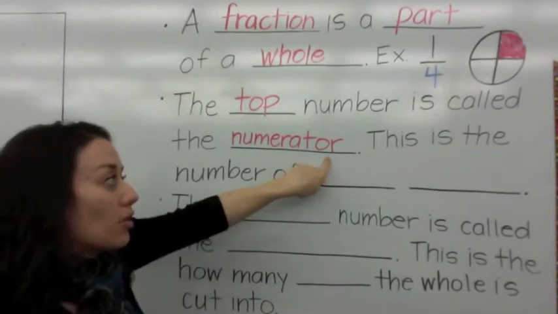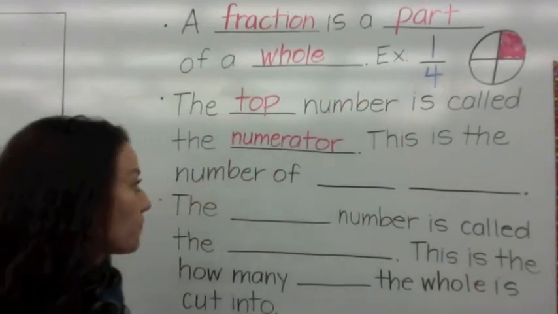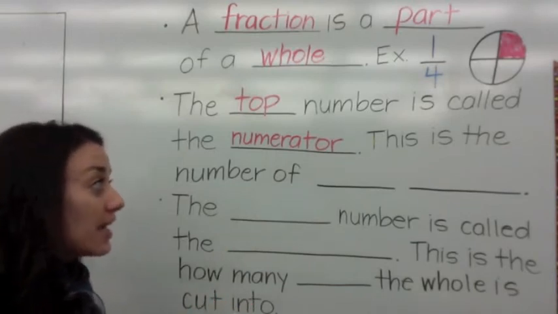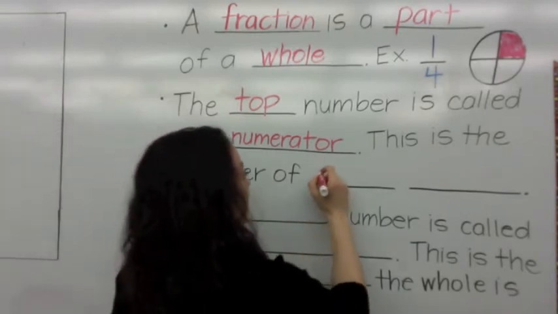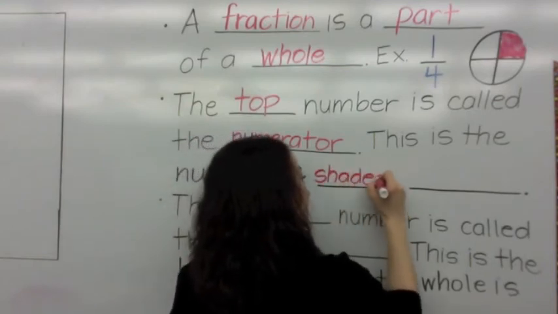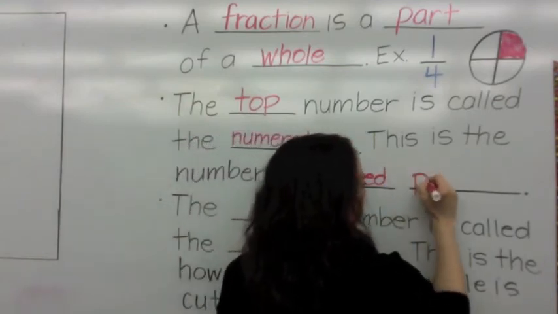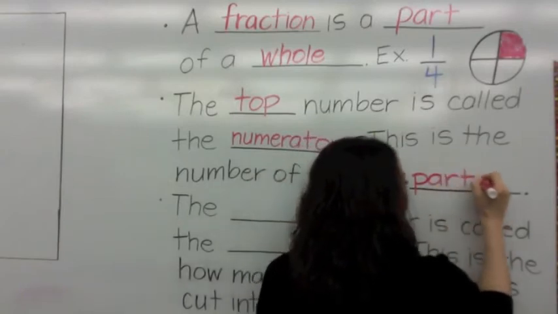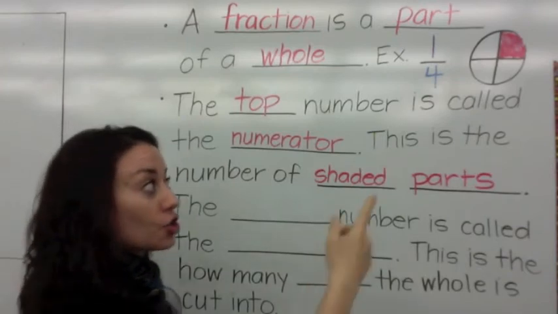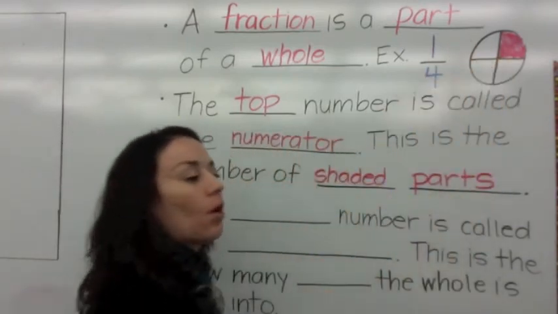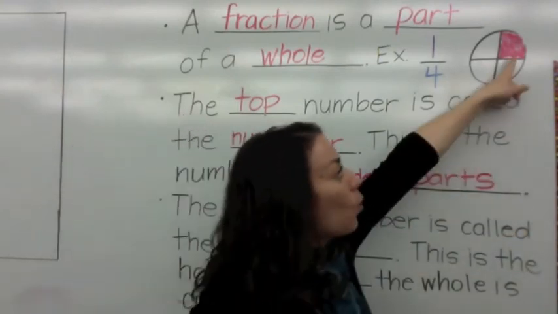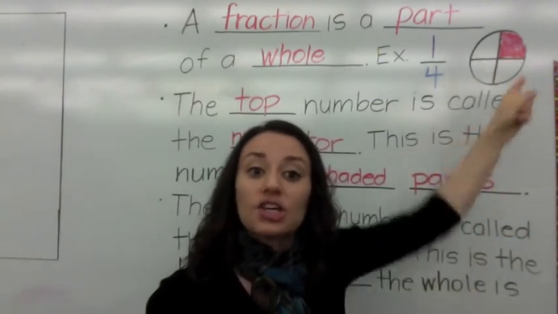So the numerator, or the top number, is the number of shaded parts. Okay, shaded. So it refers to how many slices are shaded in or colored, or how many slices you eat, right? This means I ate 1 out of 4, right? I shaded 1 out of 4.